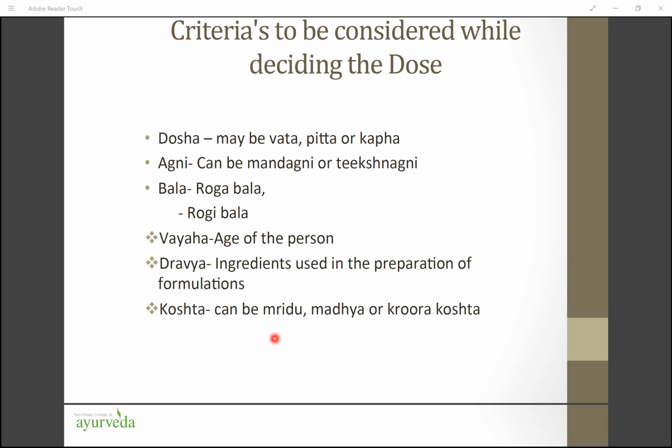So if you give a Mridu Koshta person a really strong dose of, say, Basti Dravya, that can actually backfire, because before you complete the administration of the medicine, they'll start purging and throwing up, and they'll have side effects of the procedure that you've administered. So understanding the koshta of a person becomes most important when you're administering a panchakarma.